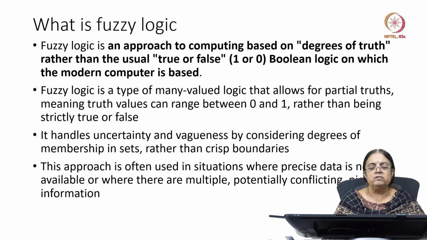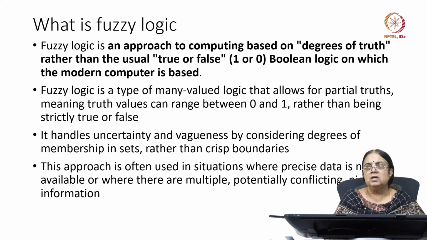So it's a sort of many valued logic, and the truth values range between 0 and 1. It's not just 0 and 1, it's not a binary value. The binary thing, 0 or 1, true or false, is the crisp set.